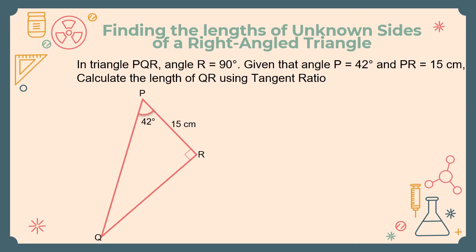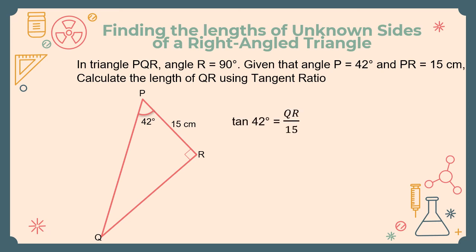So next, in triangle PQR, angle R is equal to 90 degrees, given that angle P is equal to 42 degrees and PR is equal to 15 centimeters. Calculate the length of QR using the tangent ratio. As we all know, the formula for tangent is TOA, or tangent is equal to opposite side over adjacent.